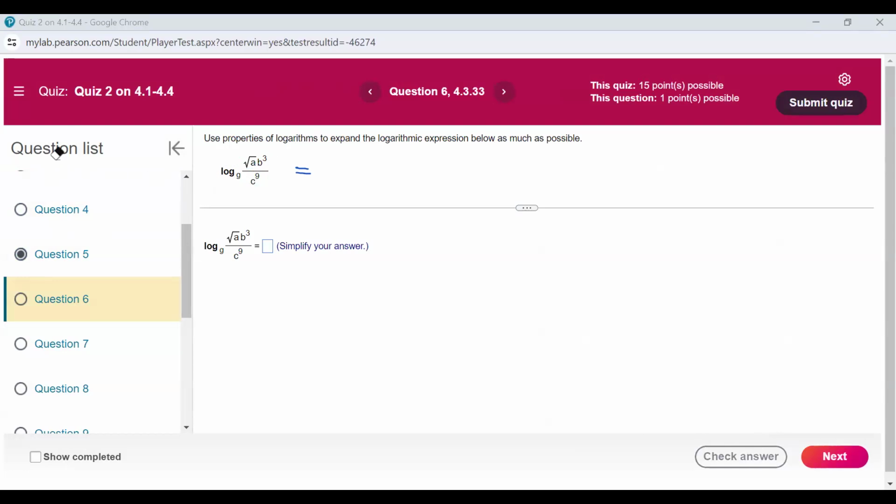So we can rewrite this as log base 9 of square root of a. And then it's going to be a product rule because there's a product here, plus log base 9 of b to the 3rd. And then because it's a quotient here, division becomes minus log base 9 of c to the 9th.